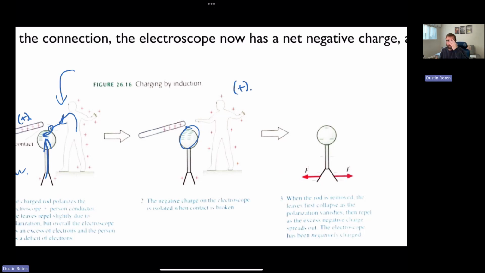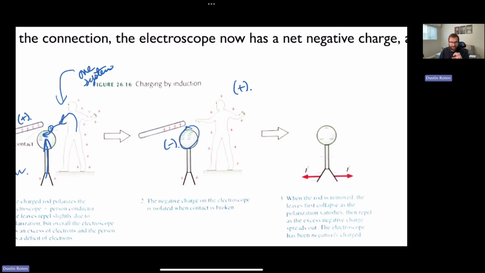And this electroscope, since it borrowed some of these charges from the human when they were one thing, remember, this is one system, the electroscope got some extra charges. They're still there, but the human let go. So all those extra electrons are going to make a net negative charge on this electroscope. All right, well, notice how they're clumped up.